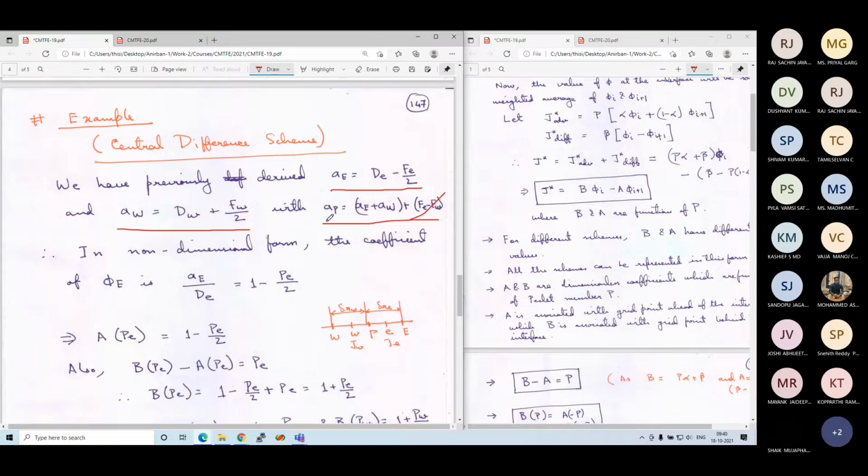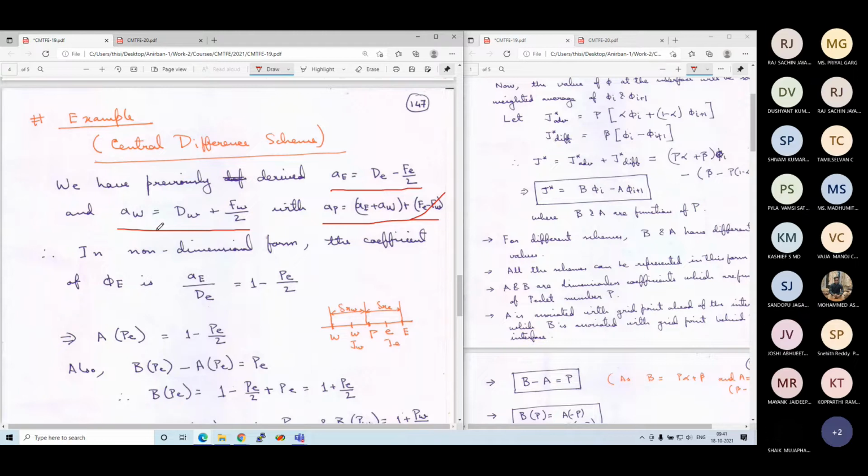So AP is equal to AE plus AW, and we were writing the discretized equation as AP phi P equals AE phi E plus AW phi W. So we have to calculate the values of the coefficients AE, AP and AW and supply them to the solver, and then the solver can solve n equations for n unknowns and find all the values of phi.